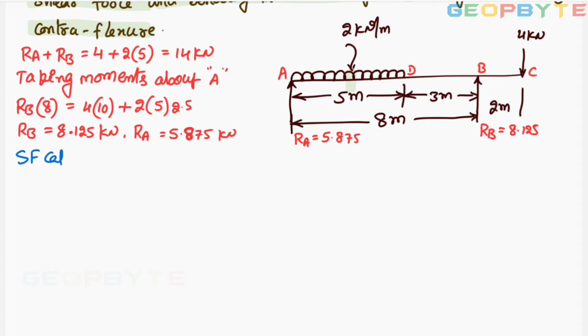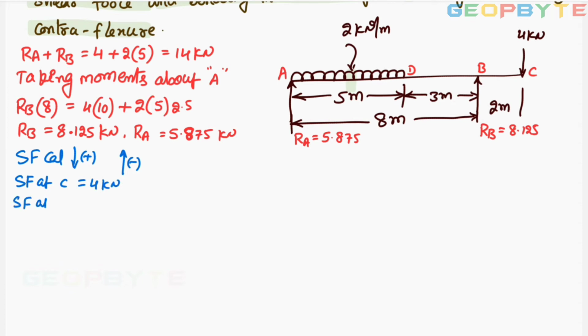Now let us go for the shear force calculations. Downward force is taken as positive, upward force is taken as negative. Now I am finding the shear force values from right to left. Shear force at C equals downward force 4 kilonewtons.